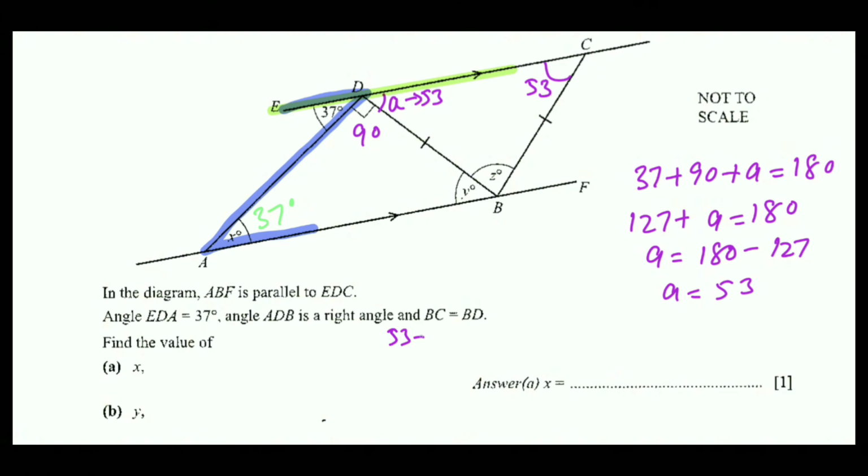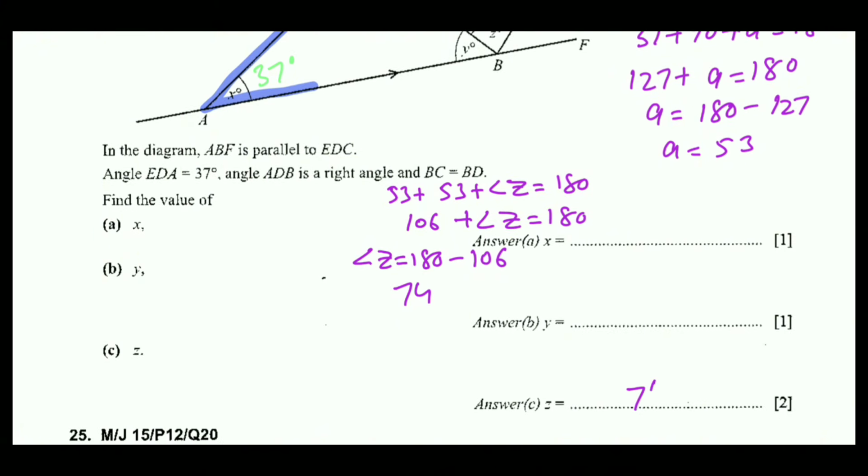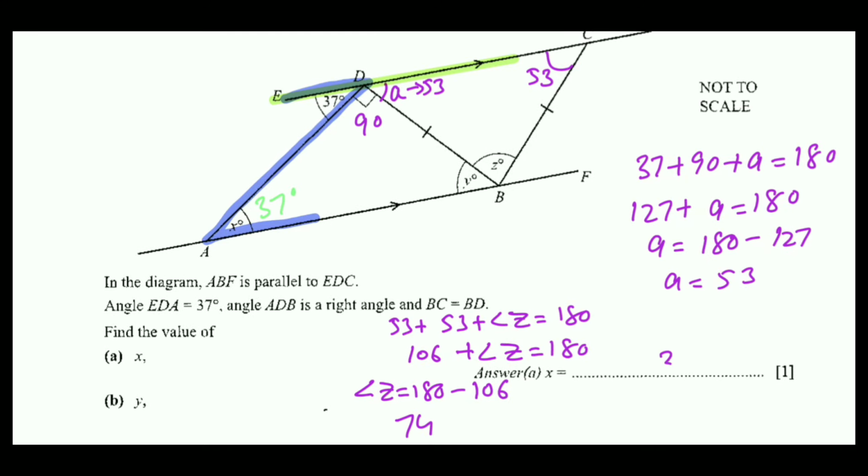So 53 plus 53 plus angle Z is equal to 180. 106 plus angle Z is equal to 180. Angle Z is equal to 180 minus 106, and that is 74. So angle Z is 74 and angle X is 37.